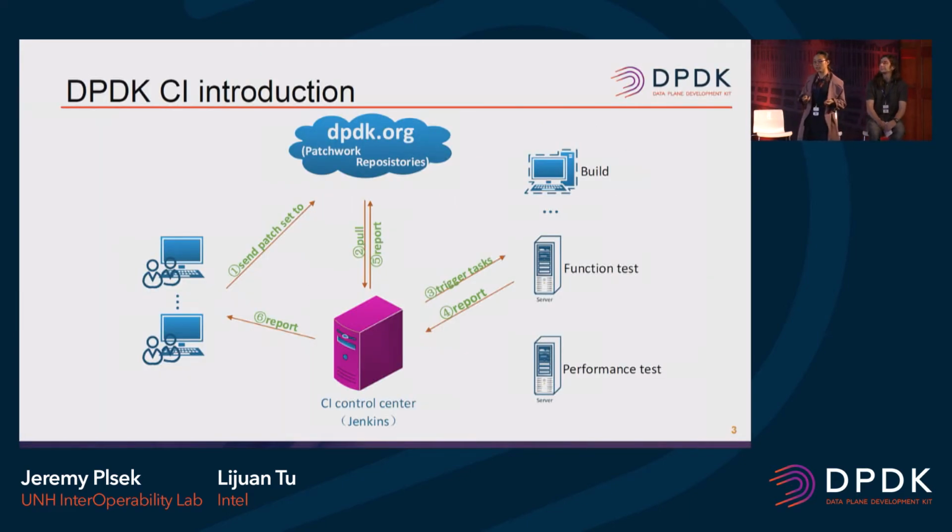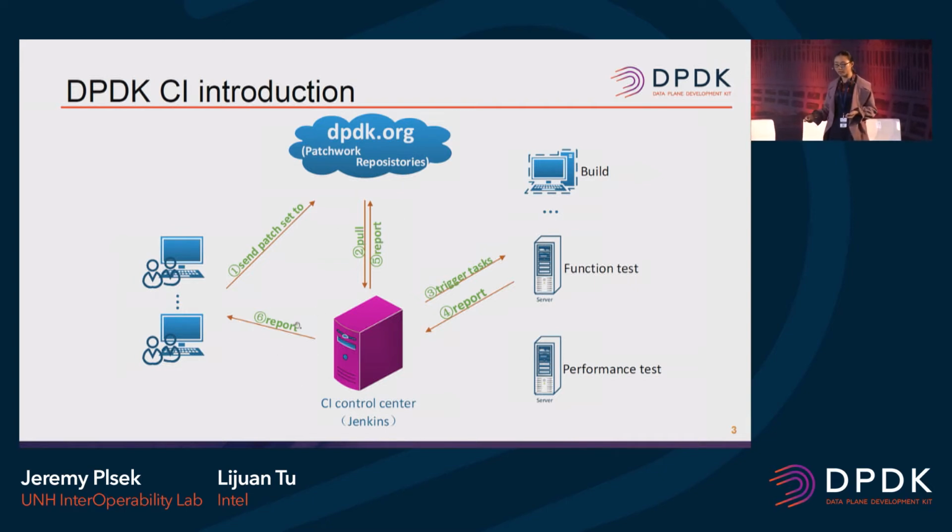I think the best way for me to introduce the DPDK CI is to show you a picture. You can see in the picture we have the developers, and at the top there is DPDK.org. We have the patchwork and the repository. Also, in our DPDK CI control center, we have the Jenkins server.